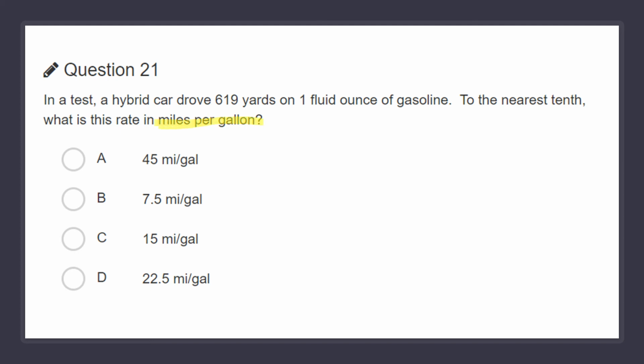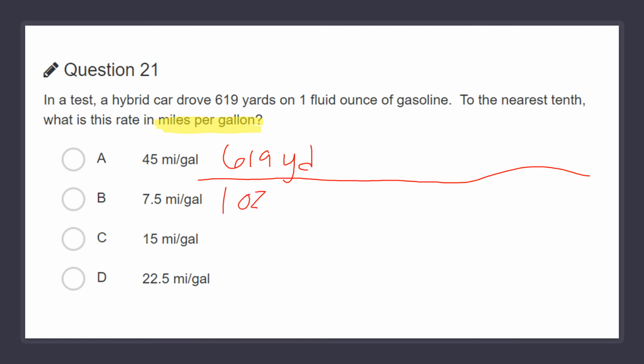Now, I will start by telling you that if you had one like this on your test, we would give you some conversions because we are starting in yards per ounce, and we are trying to get it in miles per gallon. And you probably don't know how many yards are in a mile. You might be able to figure it out, but what I'm going to do is use the ones that I know right off the top of my head.